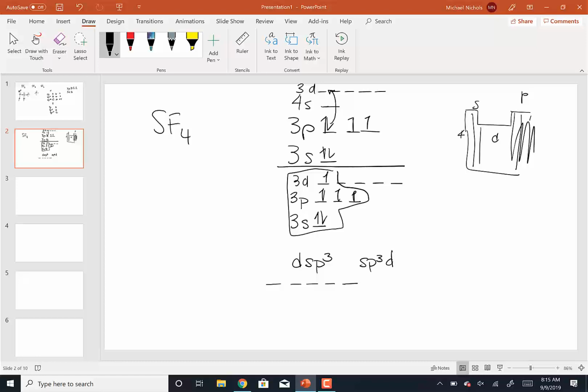I now go to VSEPR theory and say, what geometry do you get when you take 5 orbitals? When you take 5 clouds of electron density? You get trigonal bipyramidal. So any sp3d orbital is going to look like this. It's now going to have 5 hybrid orbitals.